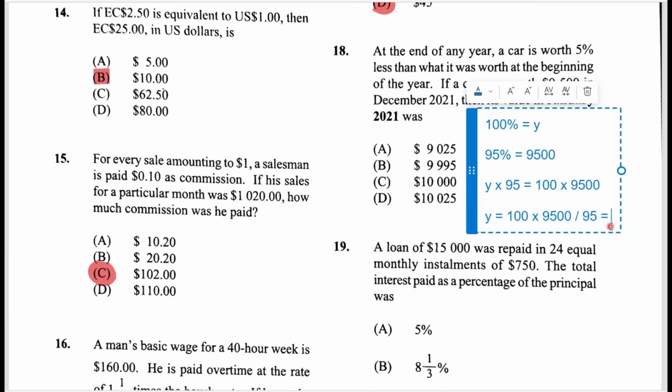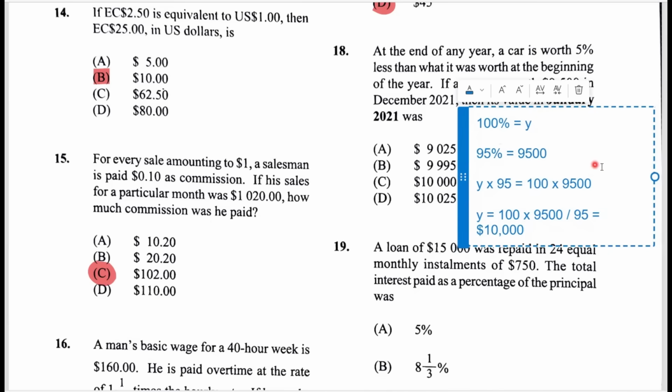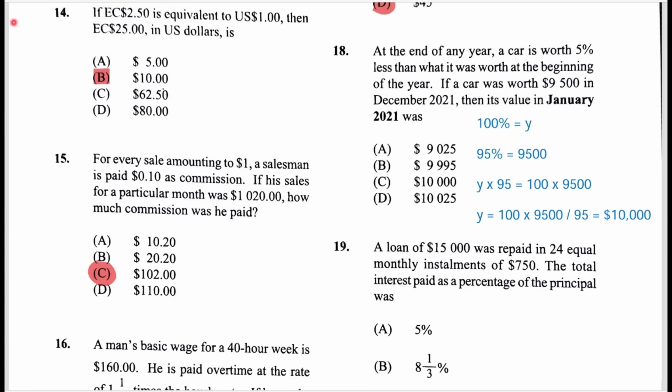Keeping it simple, cross out the 95, so you get 100 by 100, which is $10,000. All right, cool. So 10,000 would be C?